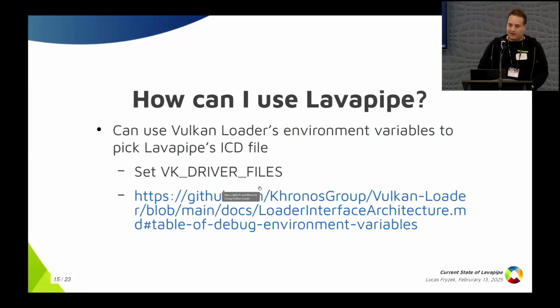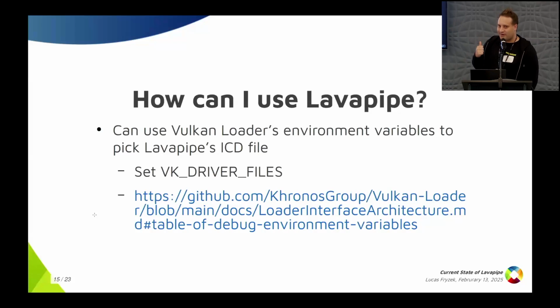If you're not as familiar with the driver implementation side of Vulkan, one of the nice improvements of Vulkan over OpenGL is the Vulkan loader, a very nice, portable way to load different drivers following a fairly common interface using ICD files. So when you get Lavapipe, assuming it's not an official package, you'll need a way to load it.